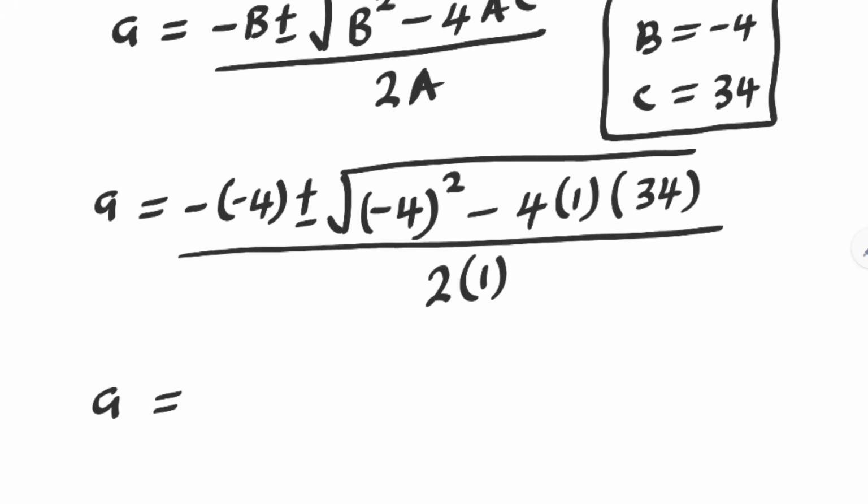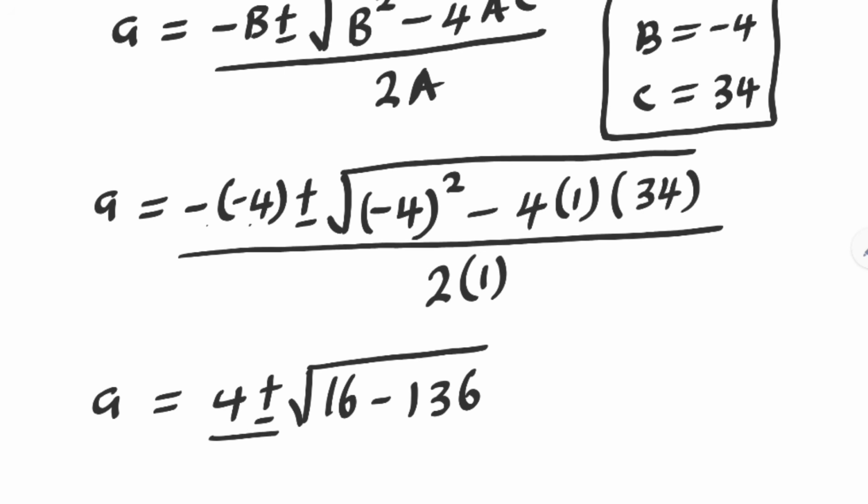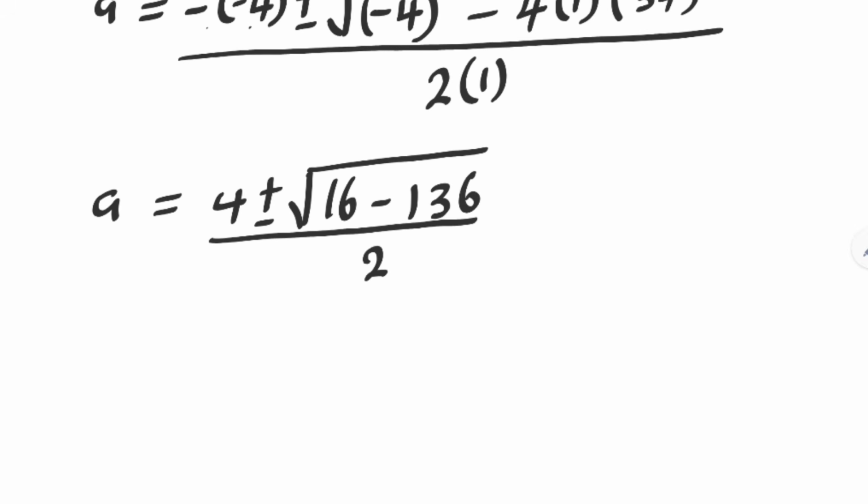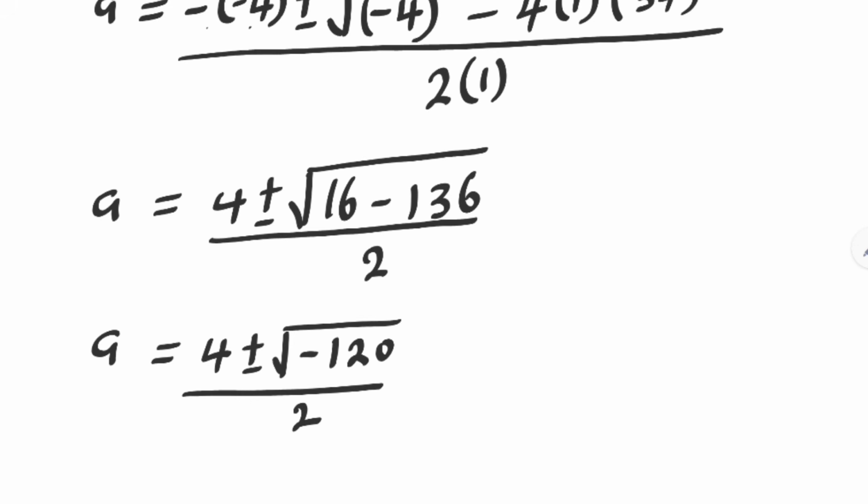A is equal to minus times minus 4, that is 4, plus or minus square root of minus 4 square, 16, minus 4 multiplied by 1 multiplied by 34, that is 136, divided by 2 multiplied by 1, 2. A is equal to 4 plus or minus square root of 16 minus 136, that is minus 120, divided by 2.